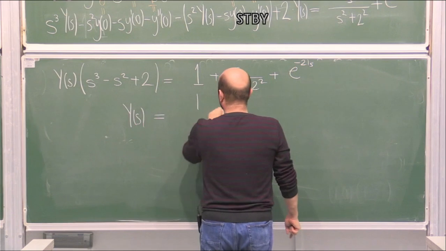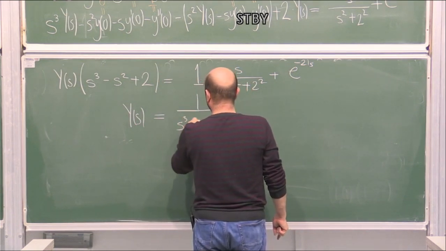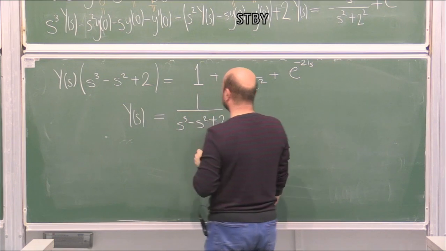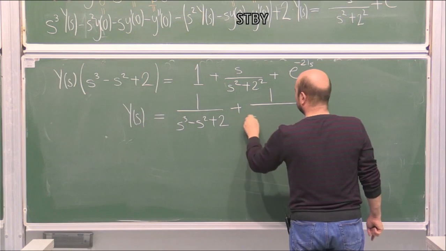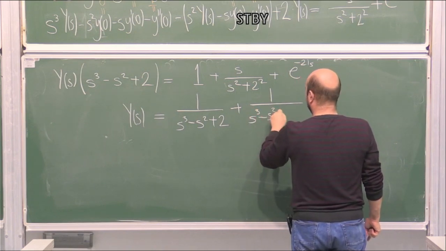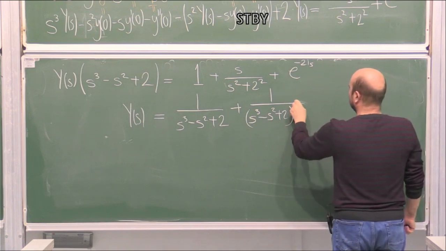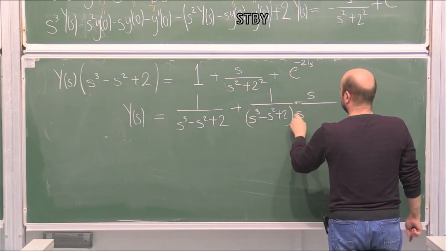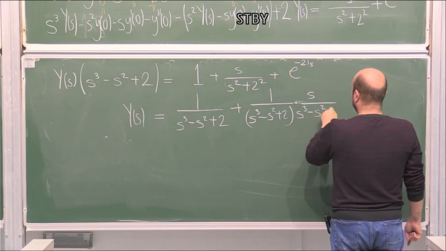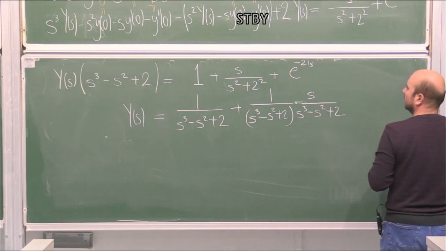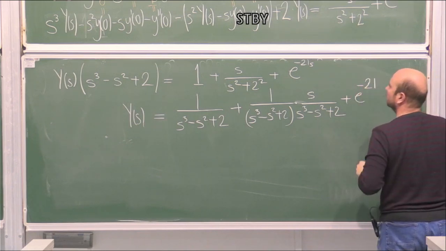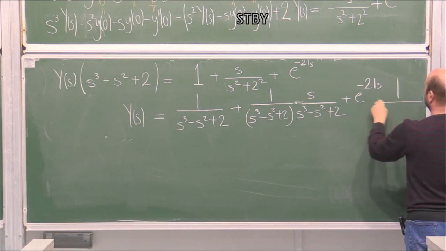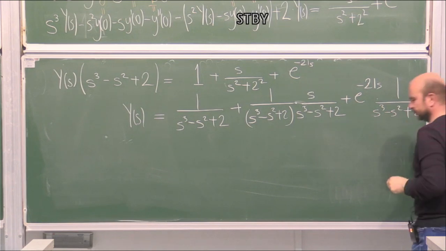So after dividing, we have 1 over s cubed minus s squared plus 2, plus 1 over s cubed minus s squared plus 2 times s over s squared plus 2 squared, and plus e to the minus 2 pi s times 1 over s cubed minus s squared plus 2.